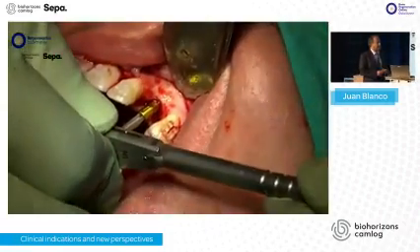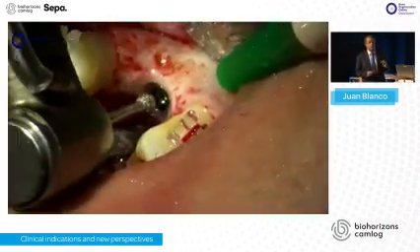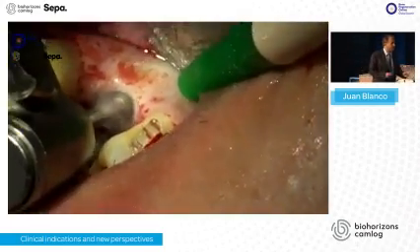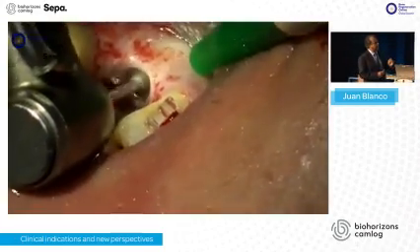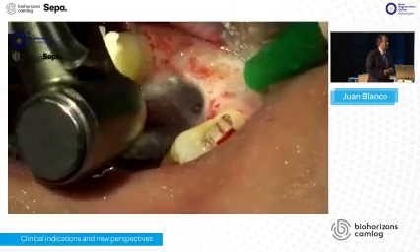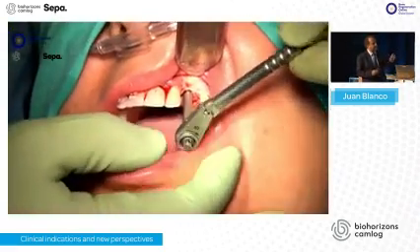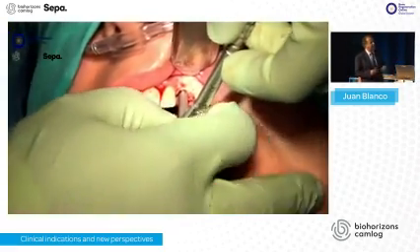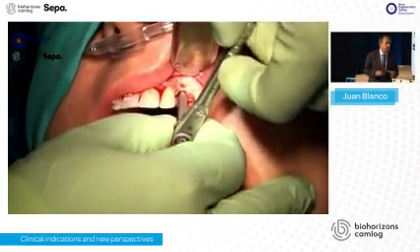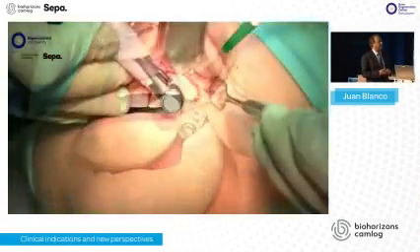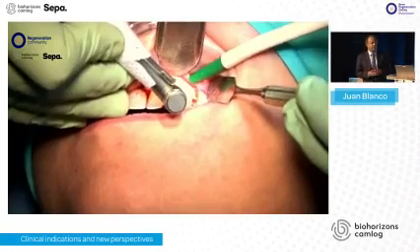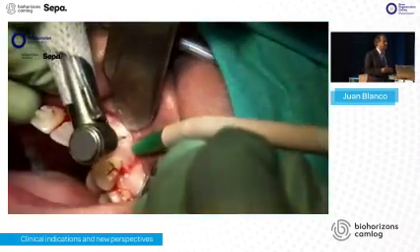We control the torque of the implant because we want to go for immediate loading also. We open a little bit the space for placing the abutment, and the abutment is perfectly installed according to the right torque that the abutment needs to be stable.